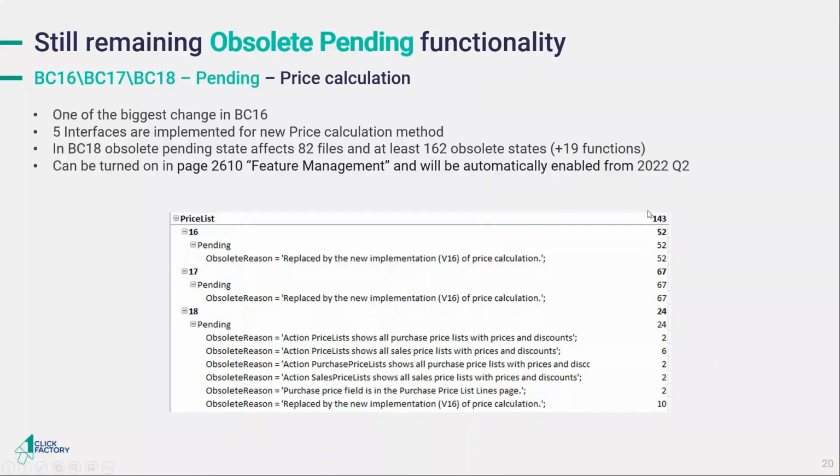So currently, there are 143 pending places from all the releases, and also there are 19 functions which are related to be also obsoleted.